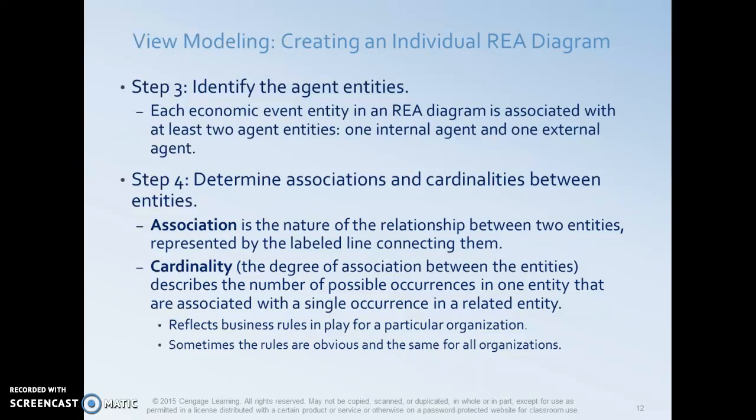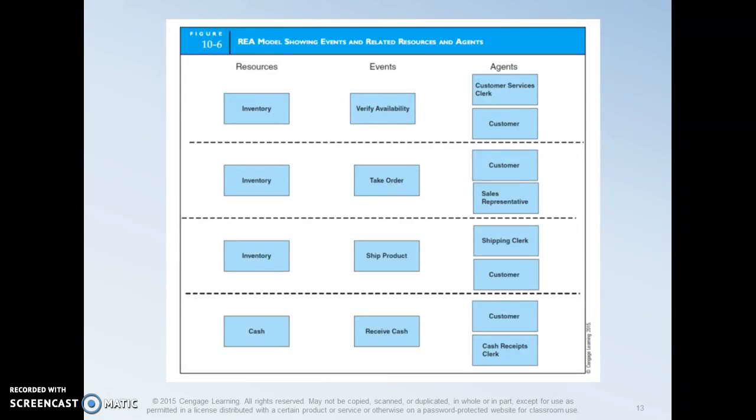Association is the nature of the relationship between two entities, represented by a labeled line connecting them. Cardinality is the degree of association between the two entities, which I described before.